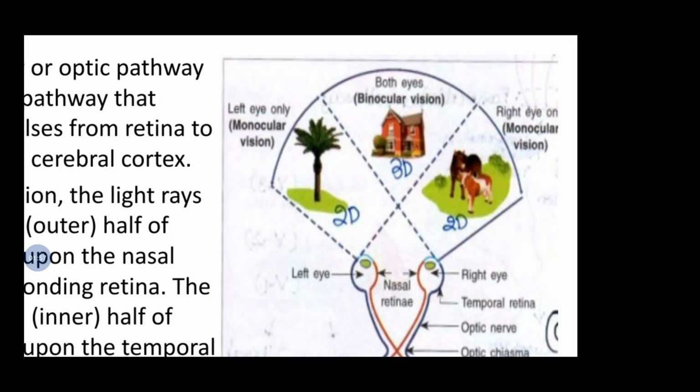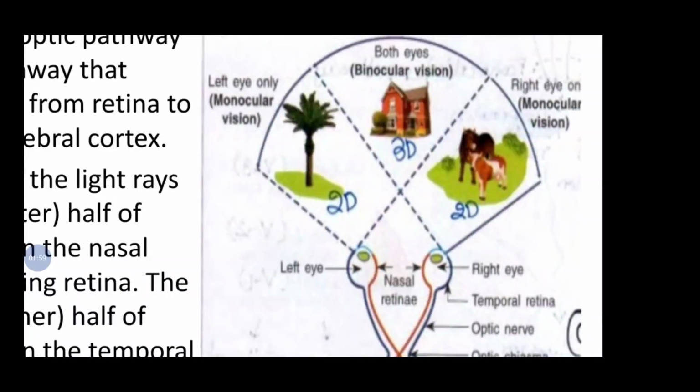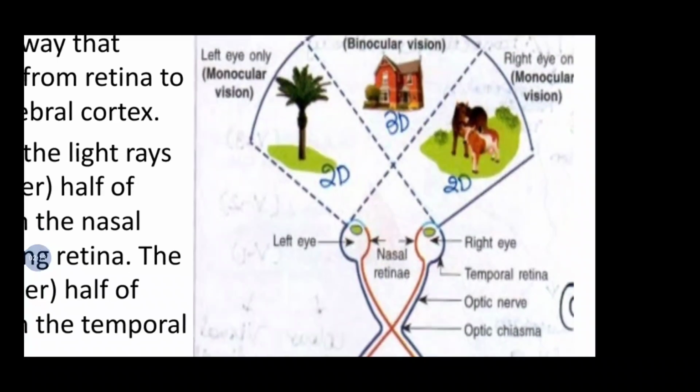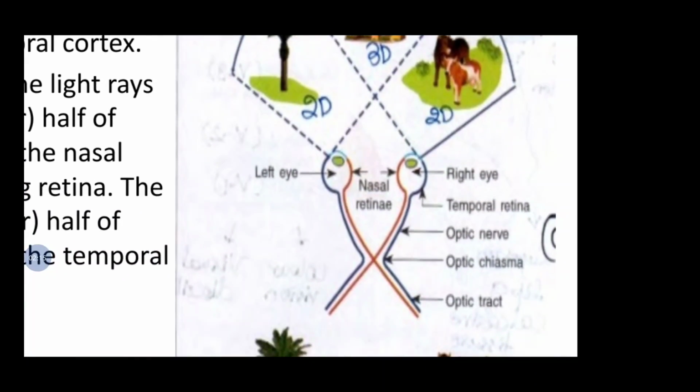As you can see over here, we have two different diagrams. If I'm seeing only from my left eye, that's monocular vision, and if I am using both, then that's binocular vision. So the left eye and the right eye.